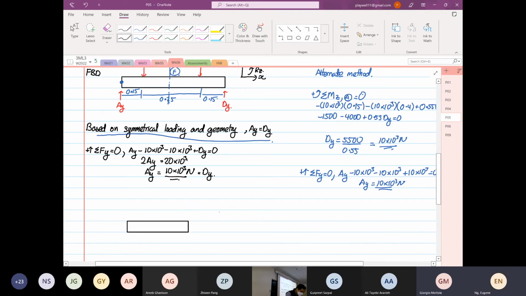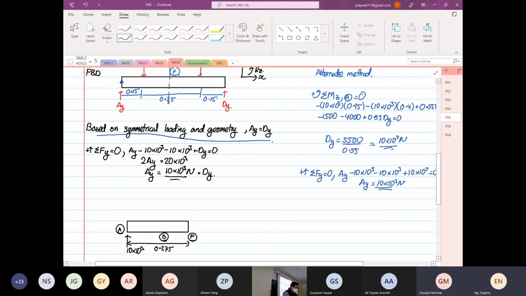So now, this is point A, then we have our point B, and over here is our point F. Over here you have 10 times 10 to the power 3. The distance from here to here is 0.15 plus 0.25 divided by 2, so 0.275.